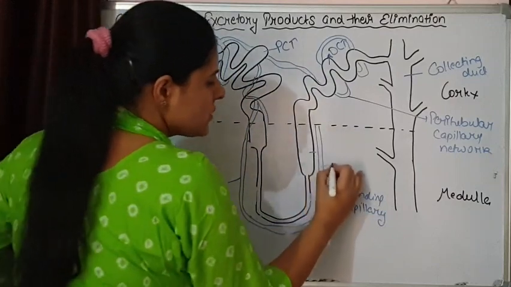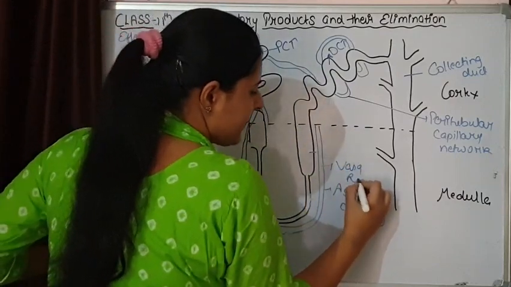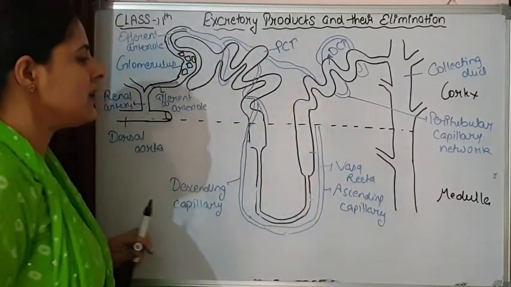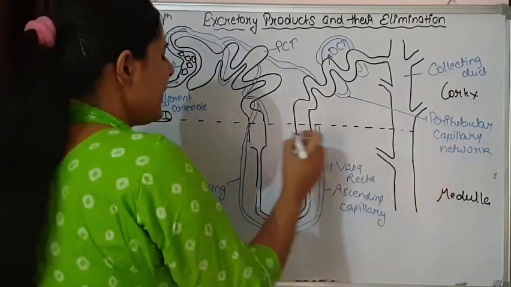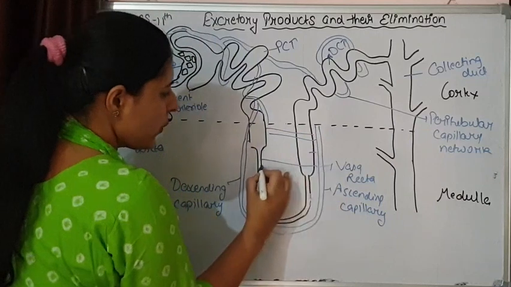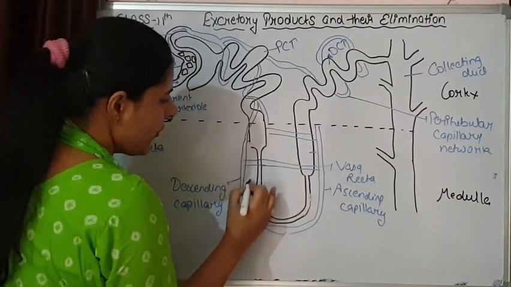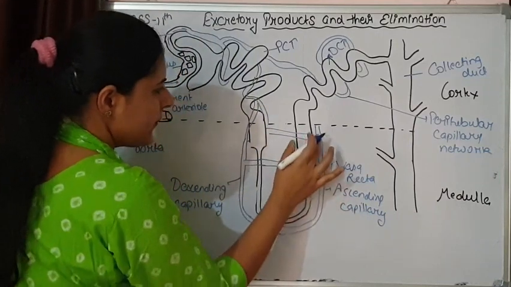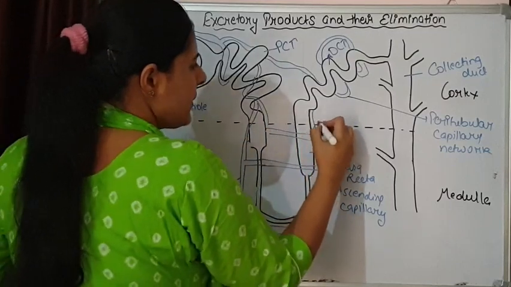So this is the vasa recta. The vasa recta is going to arise from these peritubular networks, and here they are joined, and a network of capillaries is formed from here. This is how they are present.